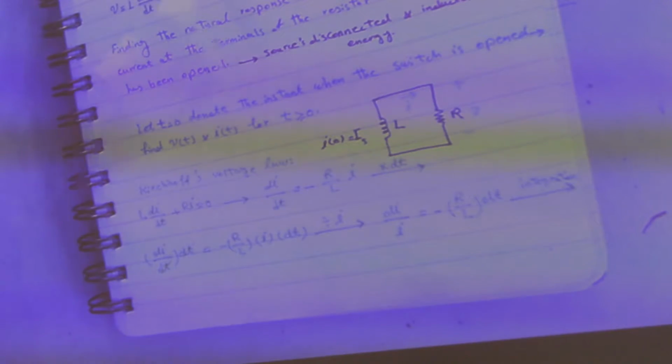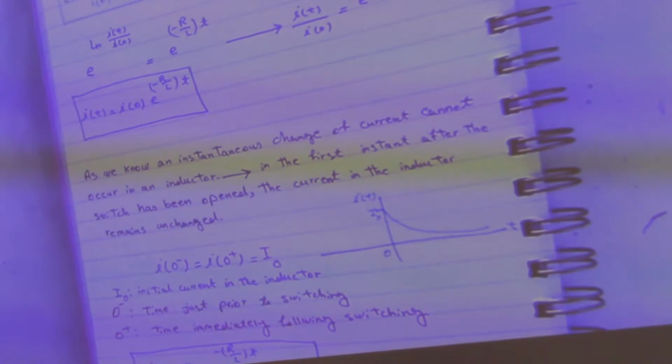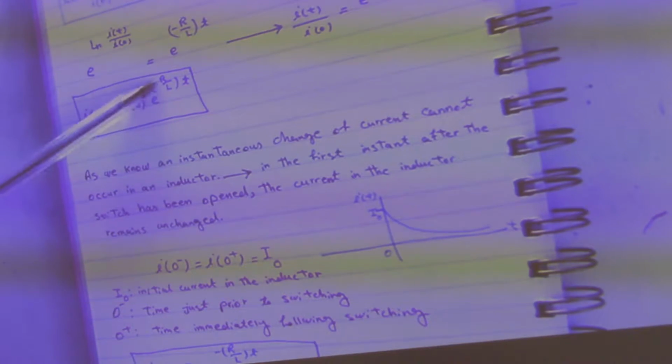Now when we have the natural response, because of this negative sign we get here for this circuit, we get something like this. We have this negative sign over here.